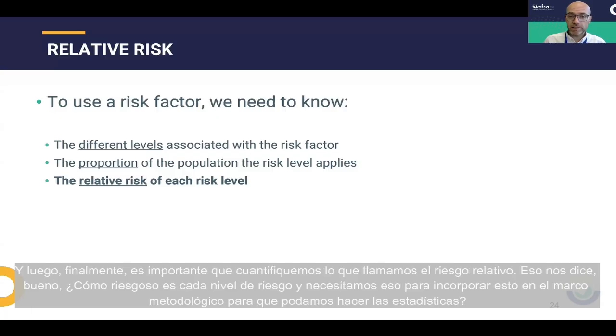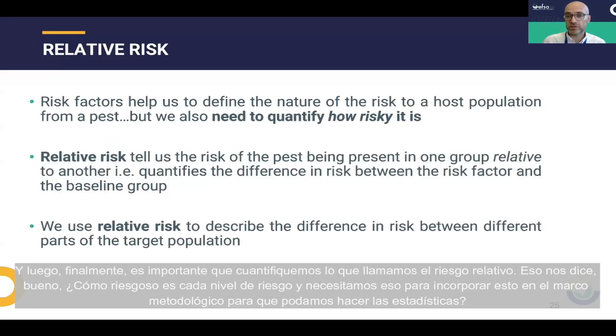And then finally, it's important that we quantify what we call the relative risk. That tells us how risky each risk level is, and we need that to incorporate this into the methodological framework so that we can do the statistics.